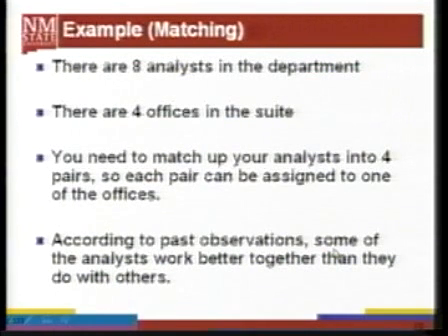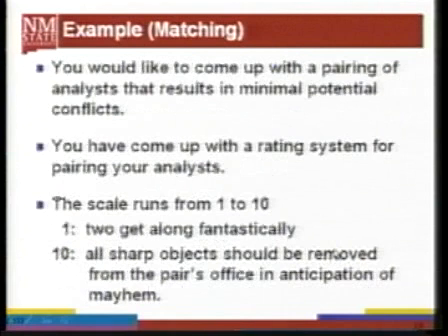Based on past observations, some of the analysts work better together than they do with others. In the interest of departmental peace, you'd like to come up with a pairing of analysts that results in minimal potential conflicts. To this end, you have come up with a rating system for pairing your analysts.